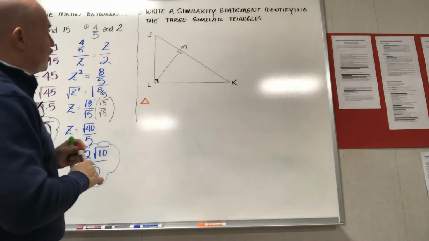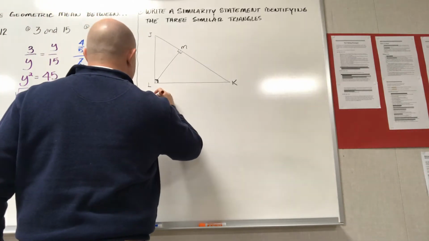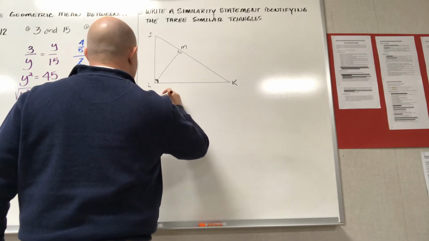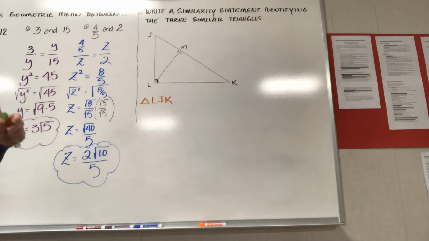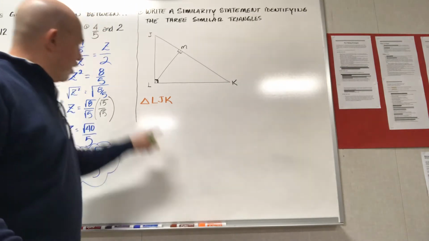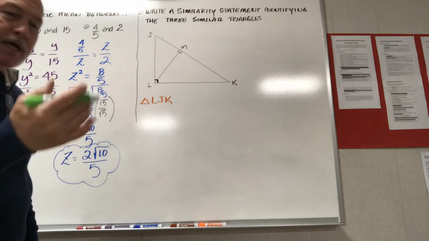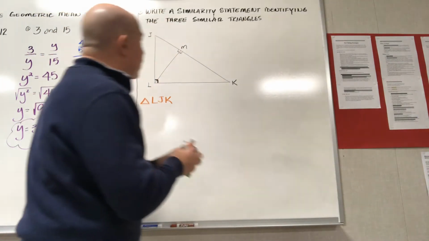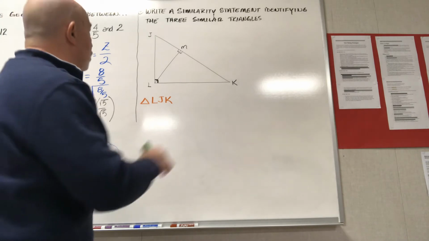However you want to start it out, I like to start with the right angle because it makes it a little easier. L, J, and K. L is the right angle, so that means I'm going to match that with this one right here. Next, I'm going to mark the angles, so I make sure I'm putting things where they belong.